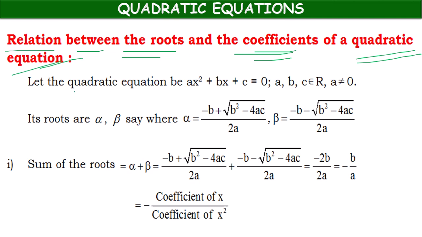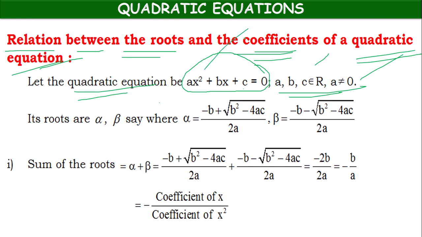Suppose we have a quadratic equation in standard form ax square plus bx plus c equal to 0, where a, b, c are real numbers and a is not equal to 0. According to Sridharacharya's formula, or the quadratic formula, every quadratic equation has at most two roots.